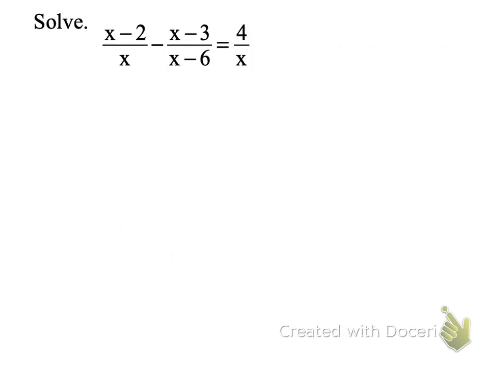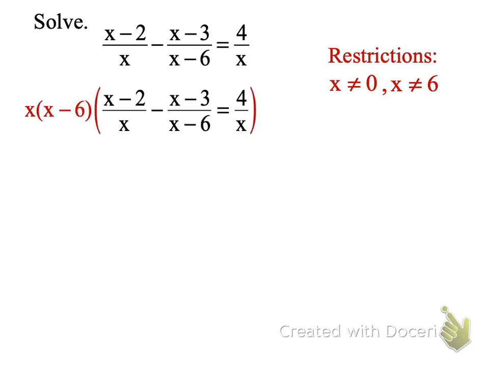All right. What is x not allowed to be? 0 and 6. What would be my least common denominator here? X times x minus 6. You need an x to cancel out just the x's alone, and an x minus 6 to cancel out the binomial.